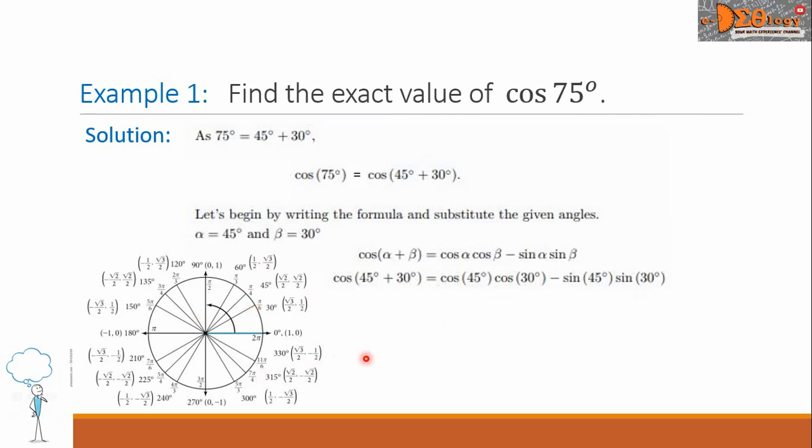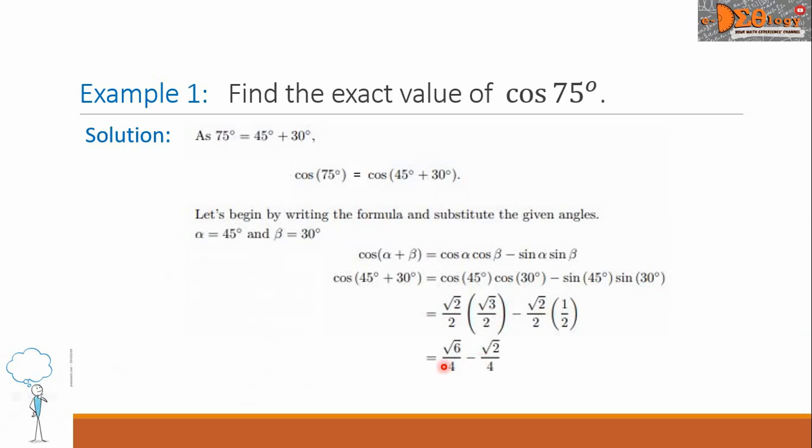From the unit circle, we will get the corresponding values for the cosine 45, cosine 30, sine 45, and sine 30 degrees. So we have now square root of 2 over 2 for cosine 45 degrees, square root of 3 over 2, that is cosine 30 degrees, minus square root of 2 over 2 for the sine 45 degrees, times 1/2, and this is sine 30 degrees.